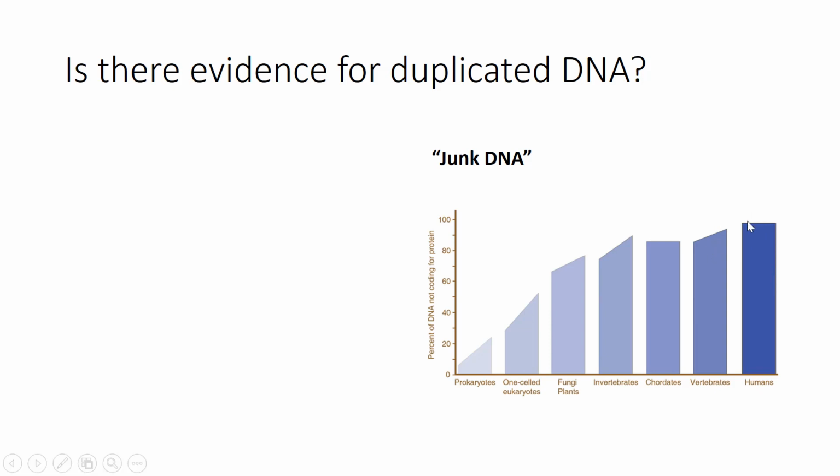Until you get to humans, and you see well over 90% of the human genome devoted to something other than coding for proteins. And so we get this idea of junk DNA.